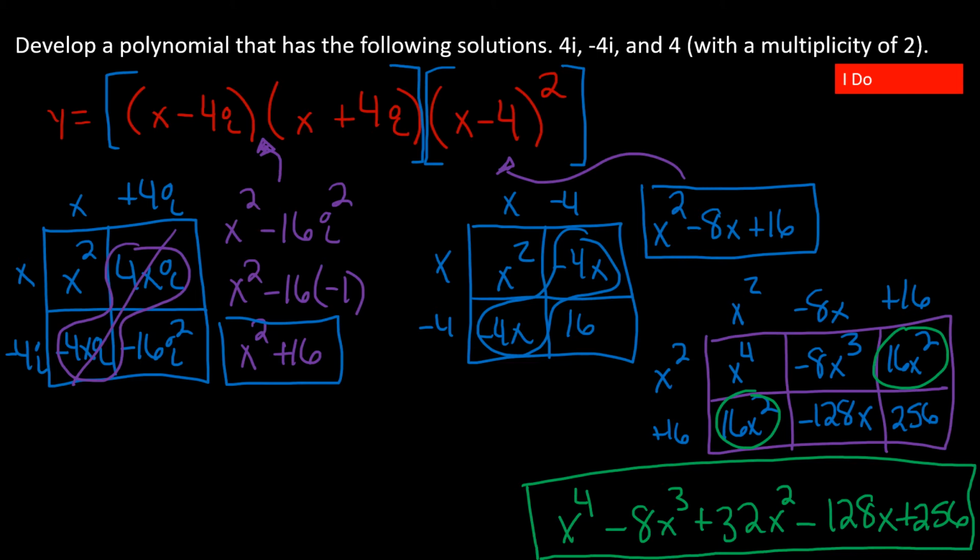Okay, so what I did first is I multiplied the two imaginary sets. We got this side here. Then I multiplied the x minus 4 squared. Once I did that, I took these two, this one here and this one, and multiplied those, because everything is just being multiplied to get our final polynomial. Okay?